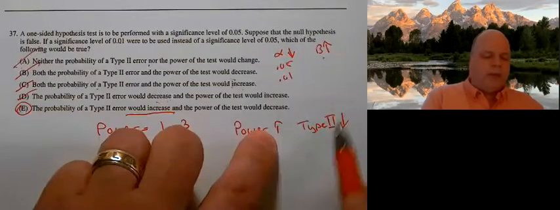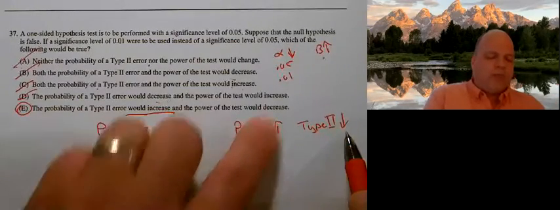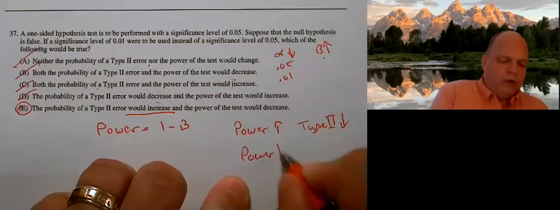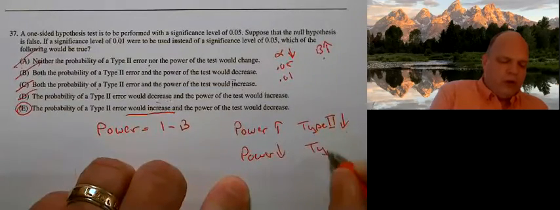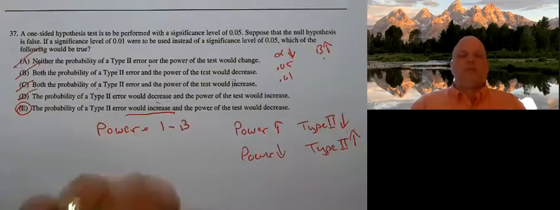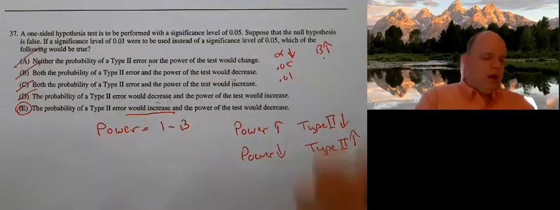So if power goes up, type 2 goes down. Type 2 goes down, power goes up. Also, as power goes down, type 2 goes up.